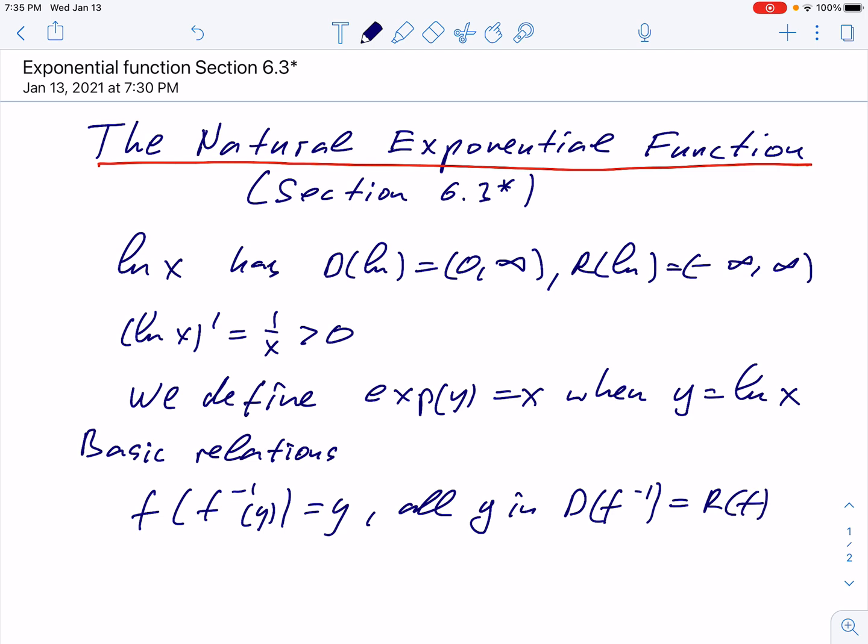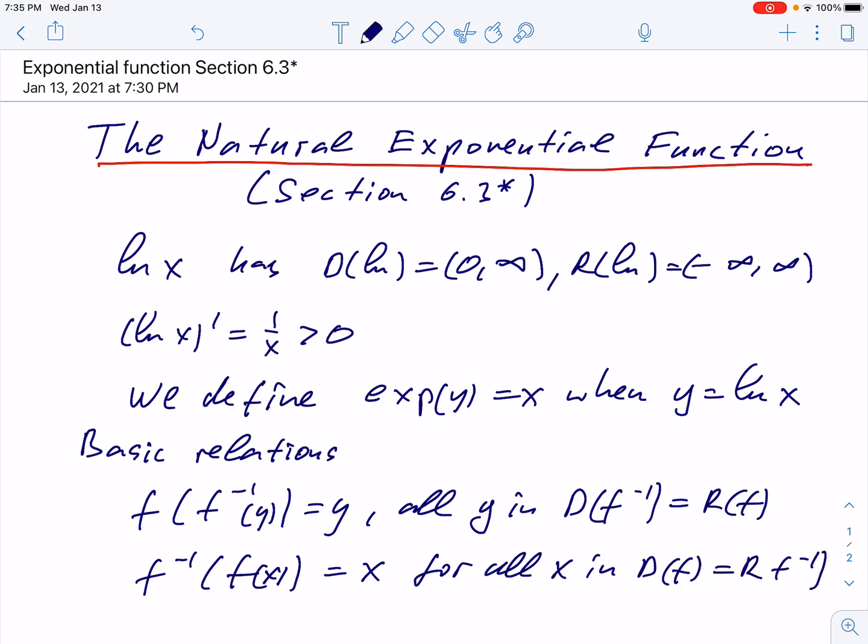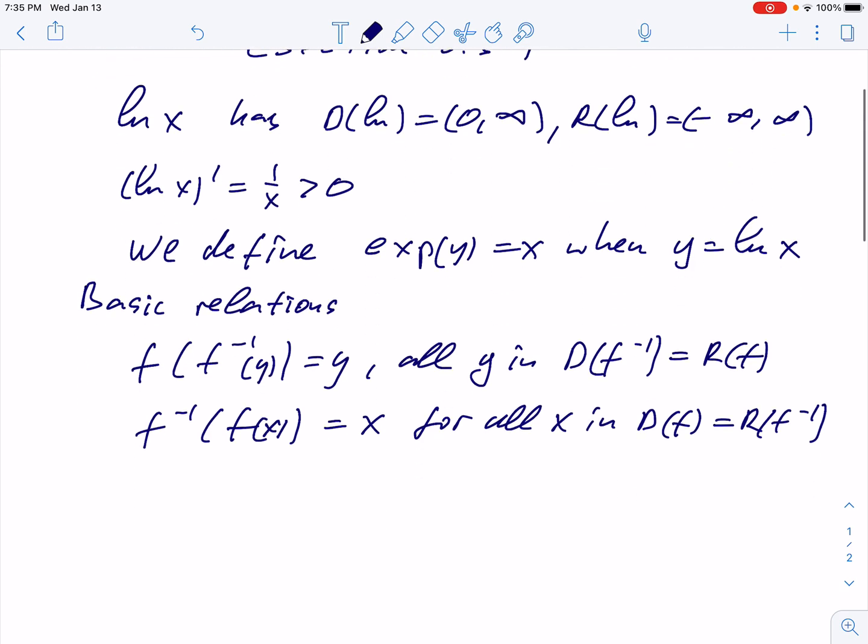Also, f inverse of f of x equals x for all x in the domain of the original function, which is the range of the inverse. Also we have the inverse of the inverse is the original function. These are basic relations which are true for every pair function and inverse.